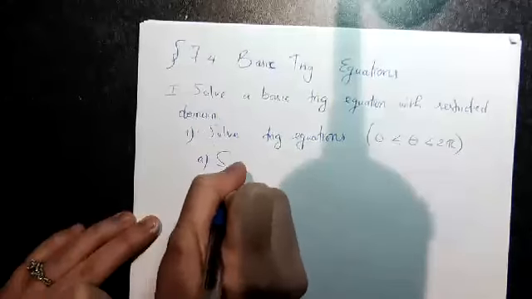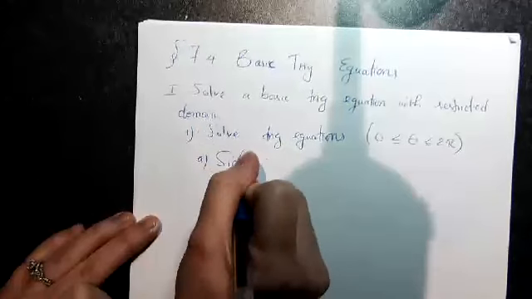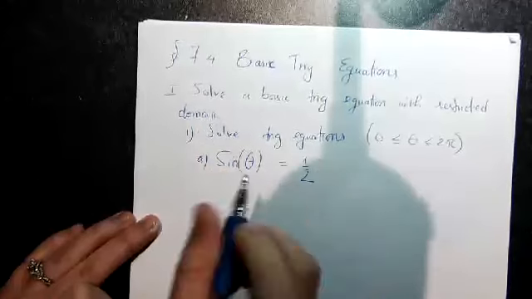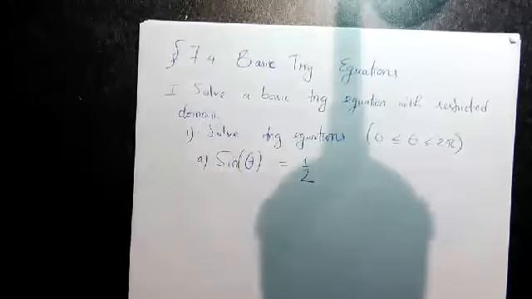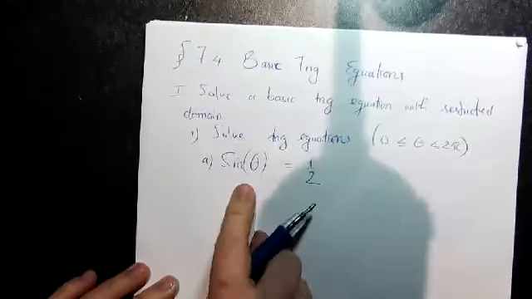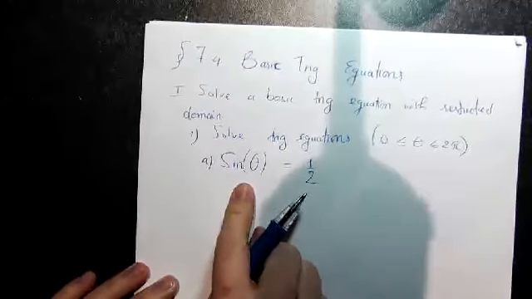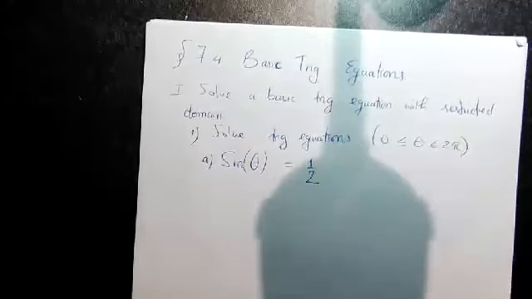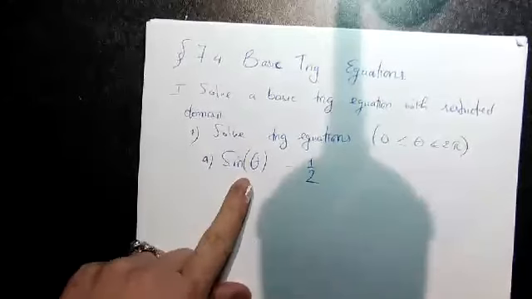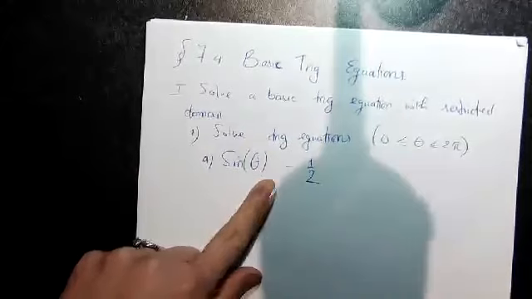Part A, sine of theta equals 1/2. So here you can take a look at the unit circle, right? What angle theta is going to give you sine of 1/2?